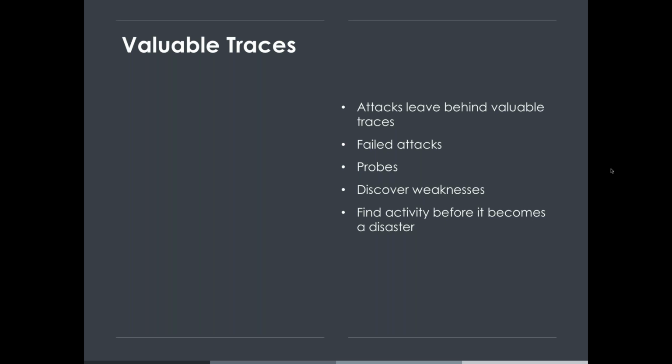But also, we're talking about your assets here. Let's say your company has its assets. It's your job to secure them, make them available, and you think you have a good grasp on what those are. The organization thinks they have a good grasp on what those are. So you've taken steps towards that end. Well, let's say through one of these probes or failed attacks, you find out that actually there's a whole other set of assets over here that are drawing attention that you had no idea had any value.